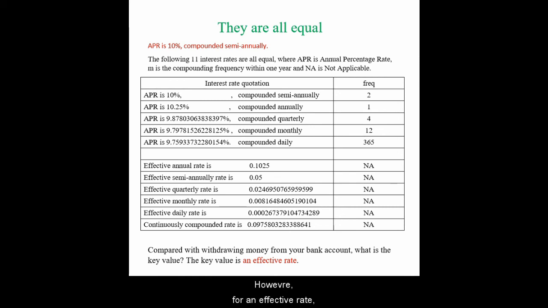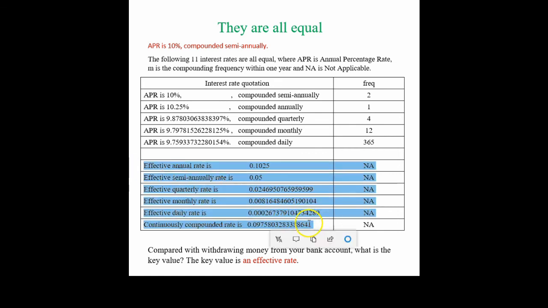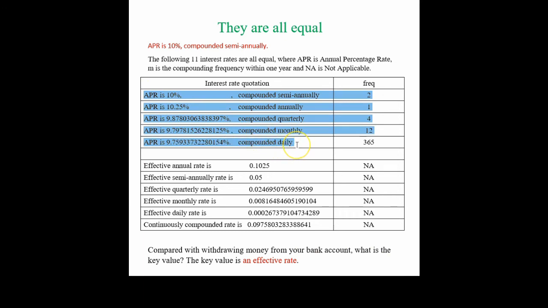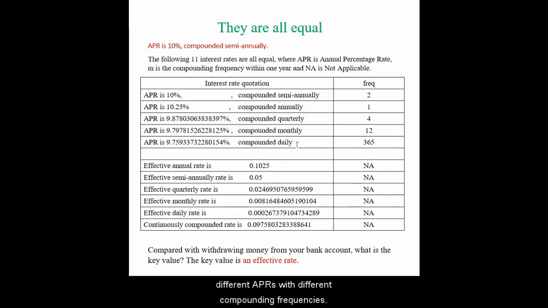However, for the effective rate, we have so many equivalent effective rates. So when the effective rate is given, we can calculate other effective rates, and all different APRs with different compounding frequencies. So this is a summary.